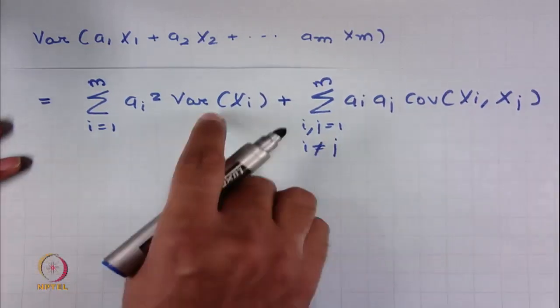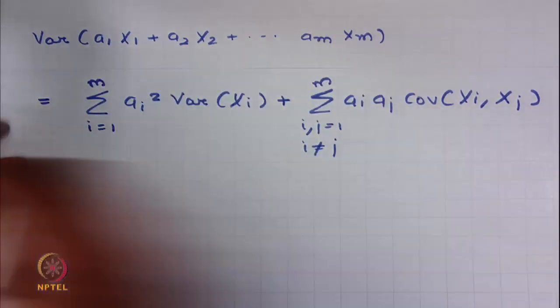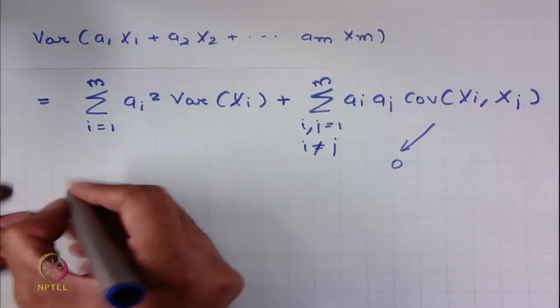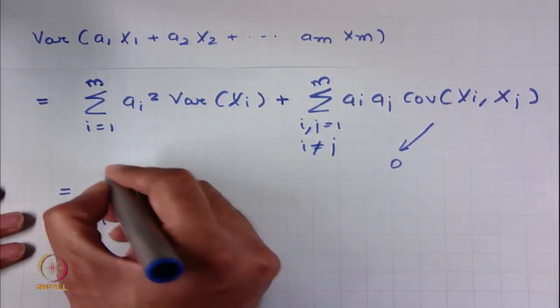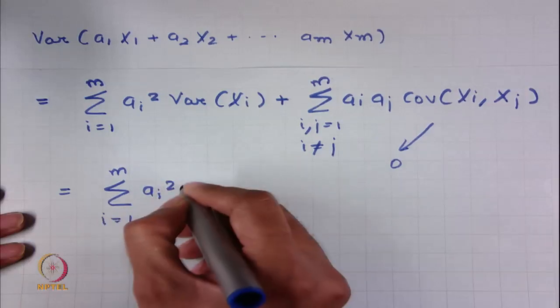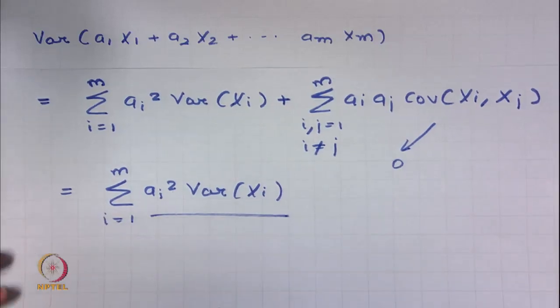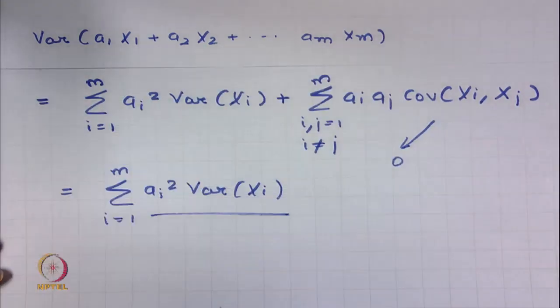Now, if I have been given that these random variables x1, x2 and xm are uncorrelated, their covariance, this term, will go to 0. So, then you would end up with just this term. Okay. So, this is how you can compute the variance of uncorrelated random variables. Of course, if they are statistically independent, then also they are uncorrelated. So, you can also use the same expression if the random variables that are given to us are statistically independent.